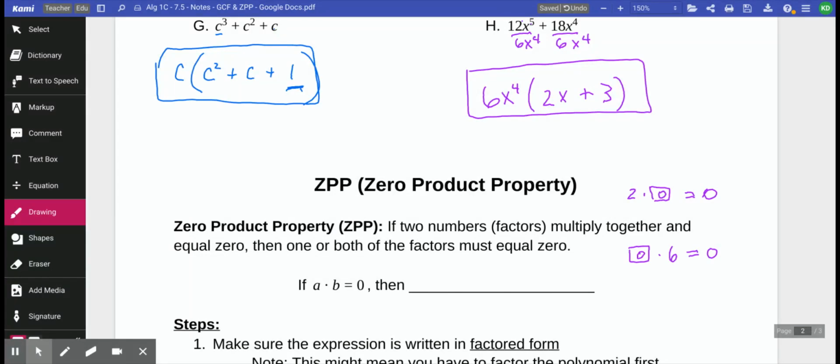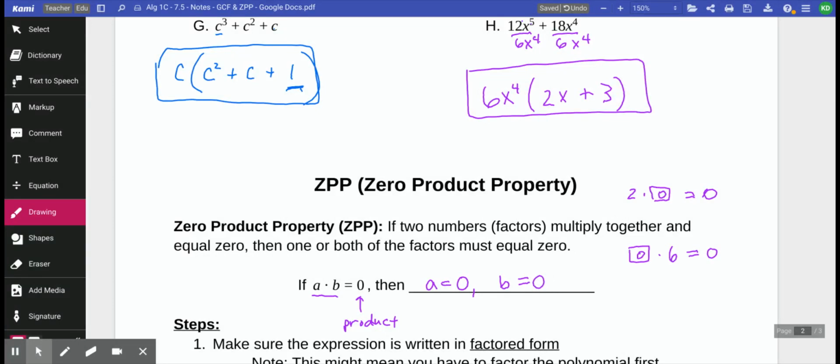So here's our shorthand, right? If I say two things that multiply, a times b, they just mean numbers. So if I multiply two numbers together and the product is 0, then we know either a equals 0 or b equals 0.